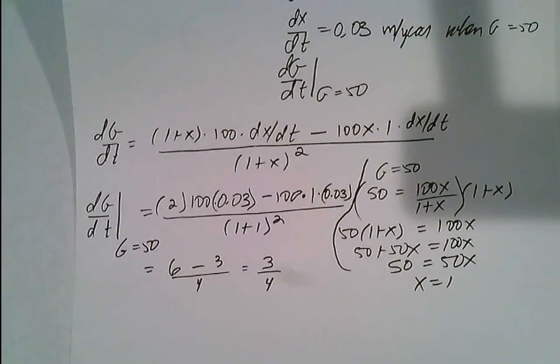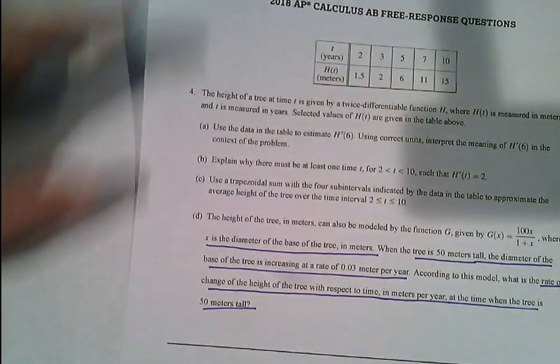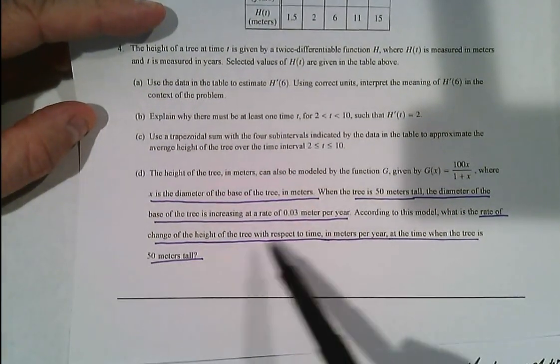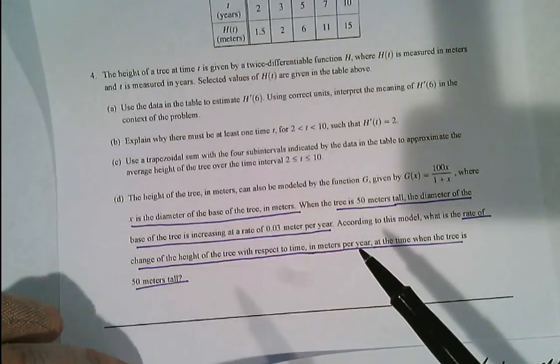And if I look carefully at the question that they asked, what did they ask? According to the model, what is the rate of change of the height of the tree with respect to time in meters per year at the time when the tree is 50 meters tall?